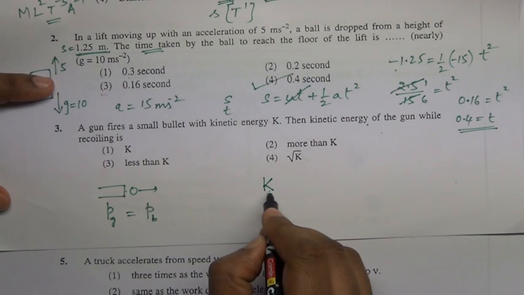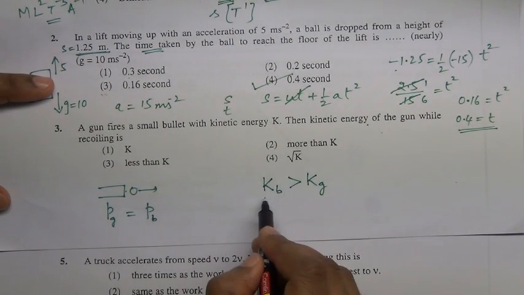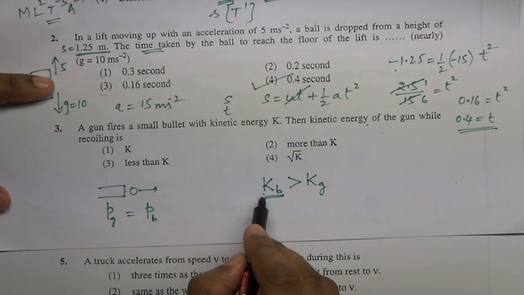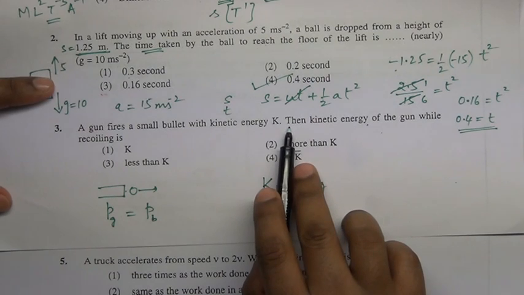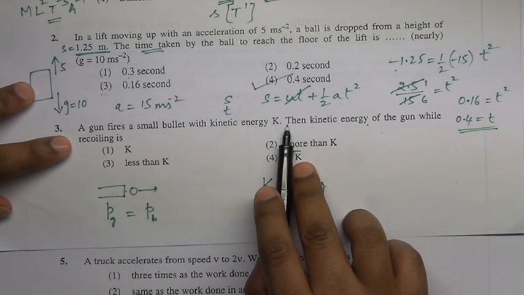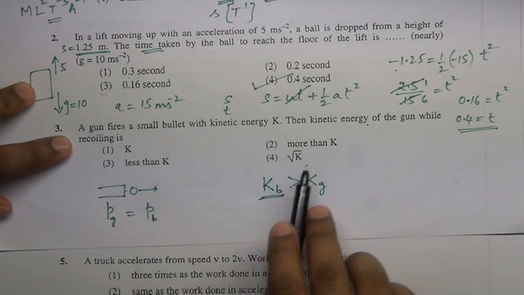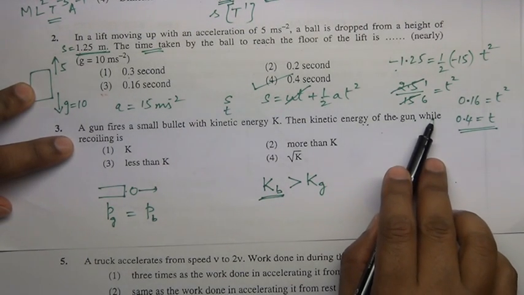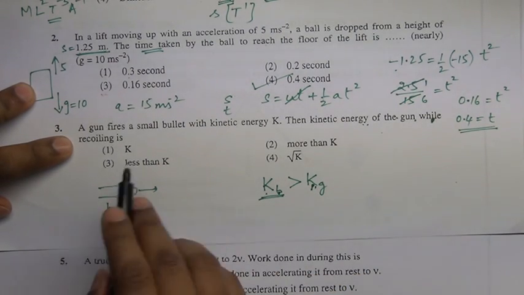So I can write kinetic energy of bullet is greater than kinetic energy of gun. That is why bullet is used as a projectile rather than the gun. So K is kinetic energy of the bullet. Therefore kinetic energy of the gun should be less than bullet, less than K.